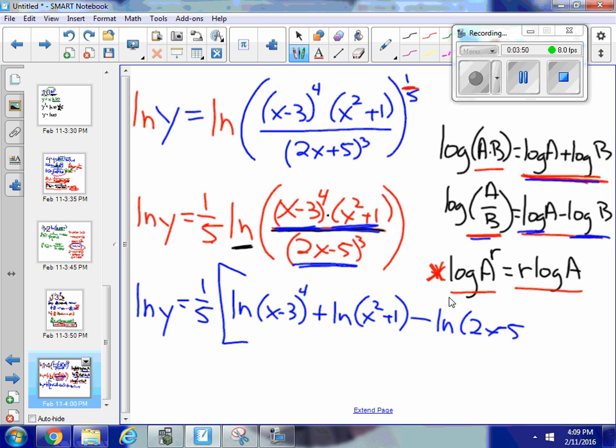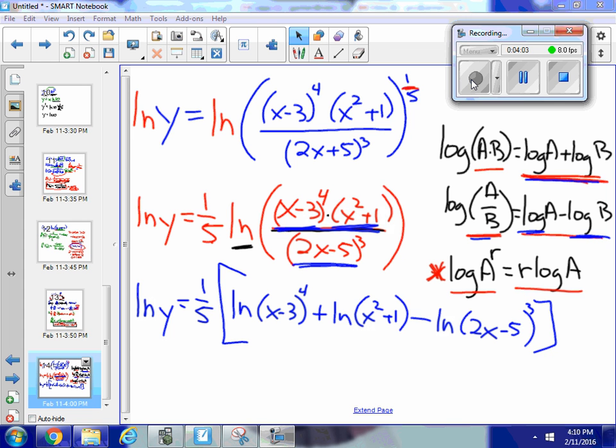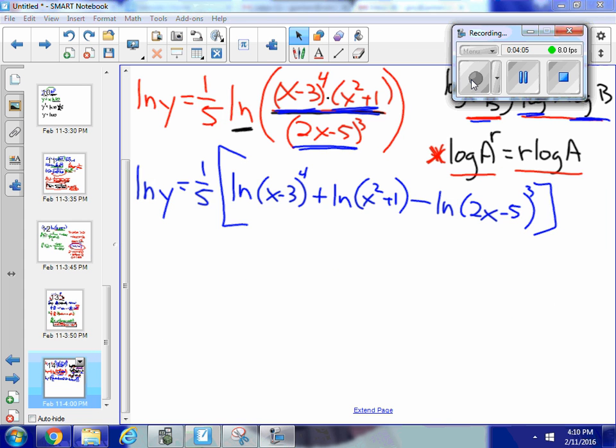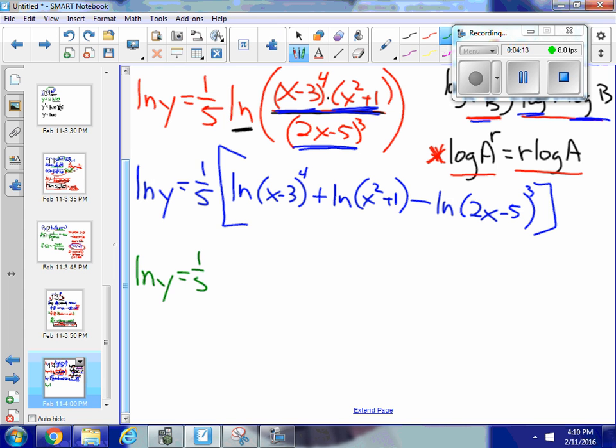Let's write that a little more neatly: 2x minus 5 cubed. I'm going to do a little more work on this before I start to take the derivative. So I still have the natural logarithm of y equals 1/5, and I'm going to use the power rule here for this term.